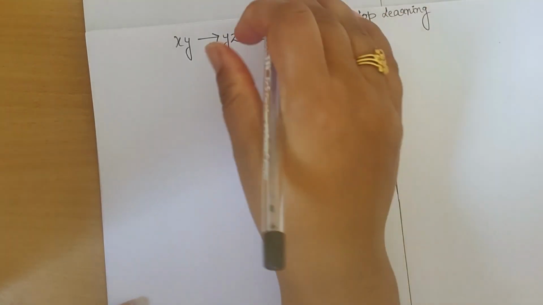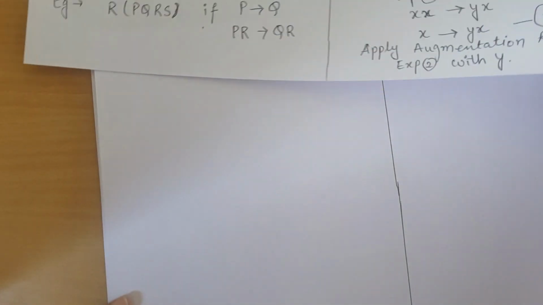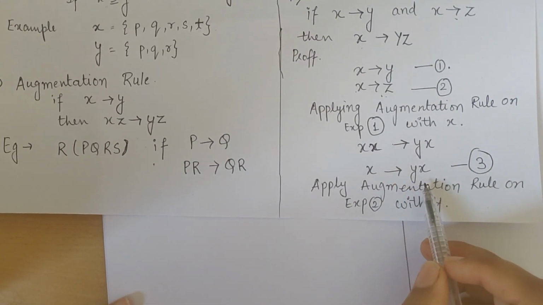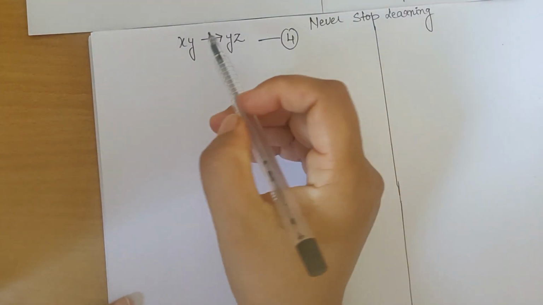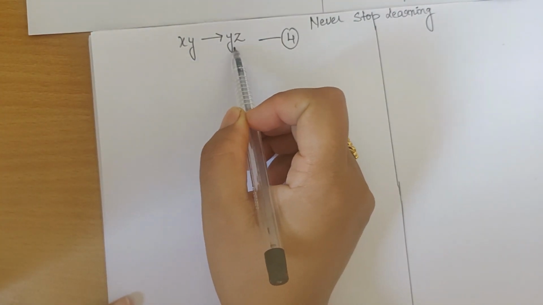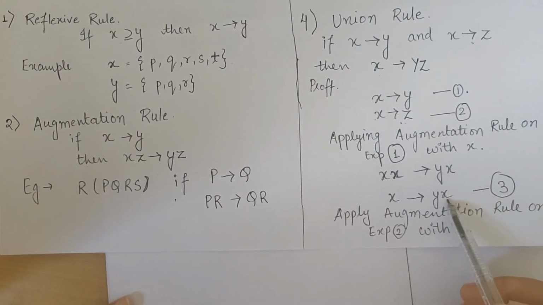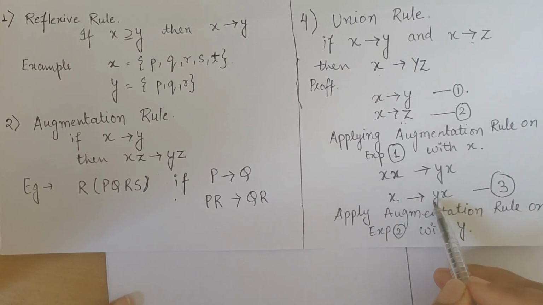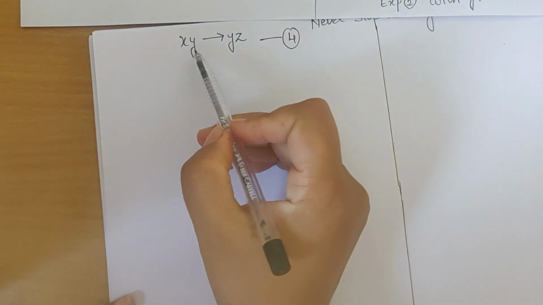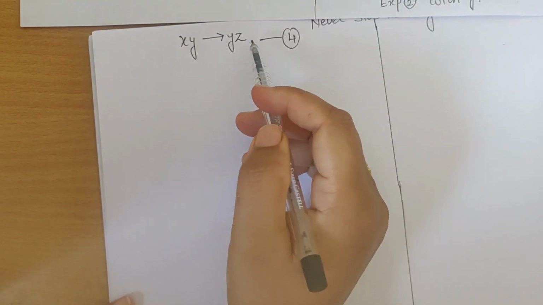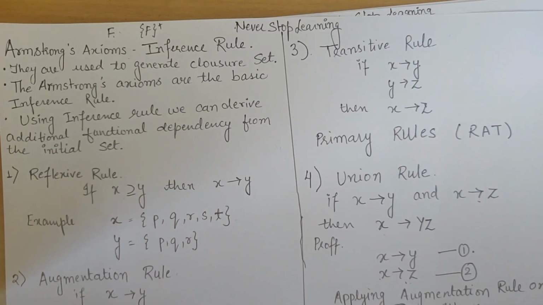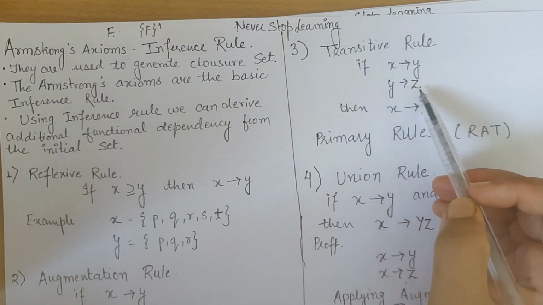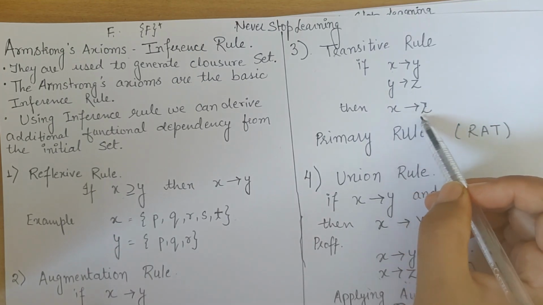Now using both the third and fourth expressions, what is the third expression? x determines yx. The fourth expression says xy determines yz. Now yx and xy are one and the same thing. So basically x determines xy, and xy determines yz. Using the transitive rule, when x determines y and y determines z, we say x determines z.